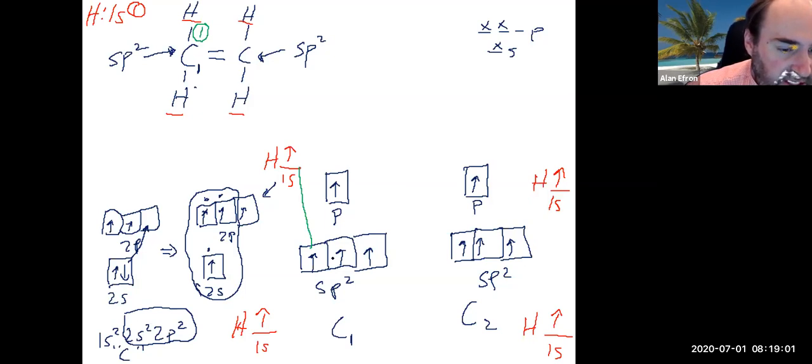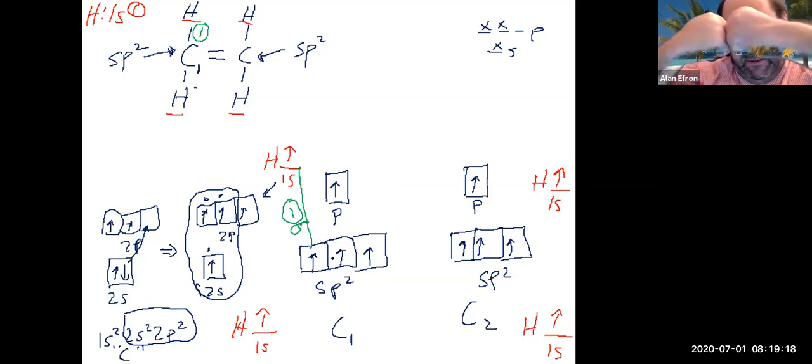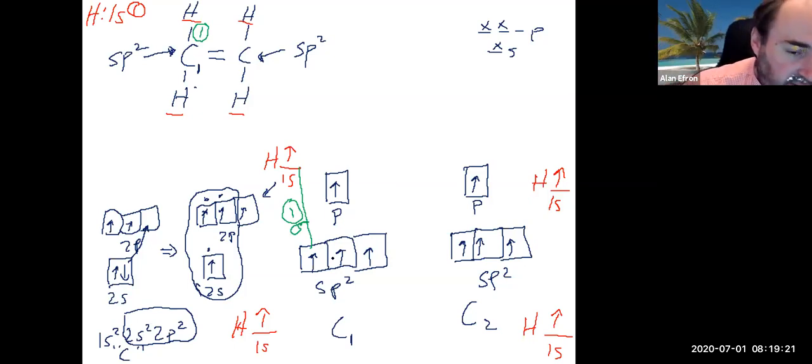They would be sharing those electrons, and that would account for that bond that we called number 1. That would be a sigma bond between the carbon and the hydrogen, which means the sp2 orbital in the carbon and the 1s orbital will come straight at each other head on and make that sigma bond.